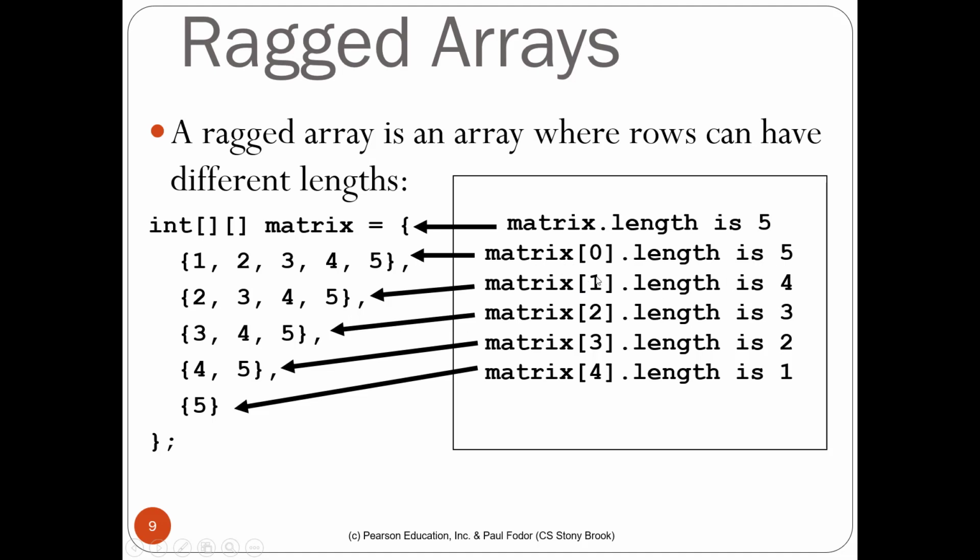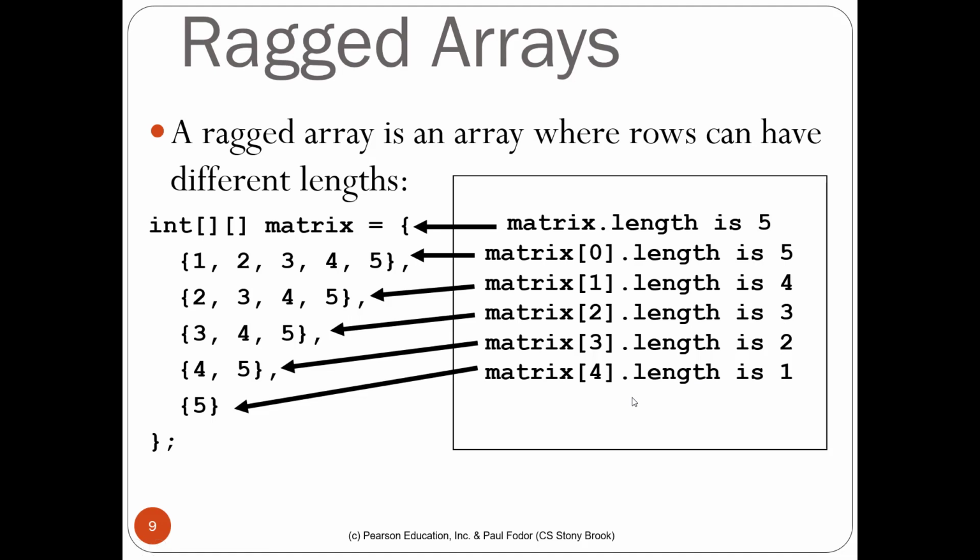Here when you change the index from 0 to 1, you are asking Java how many columns you have in the second row. So you get 4. When you change the index to 2, you're asking for the number of columns in the third row, which is 3. The fourth row is 2. The fifth row is just 1. Now it should make a lot of sense.